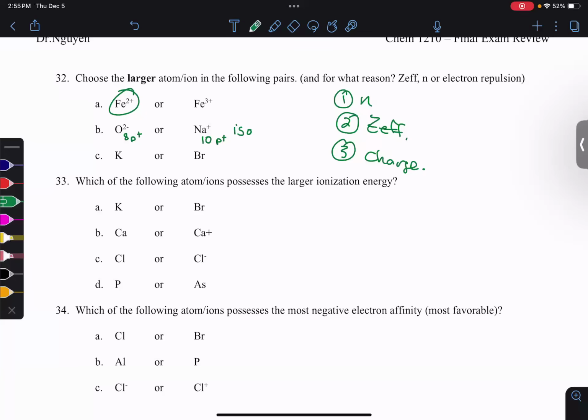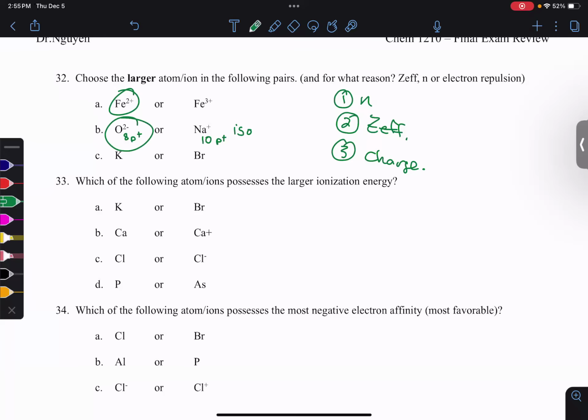So which particle is larger? The one where you have 10 electrons huddled around a +8 or a +11? It's going to be the +8 because that +8 attracts the cloud of negatively charged electrons less strongly than the +11.